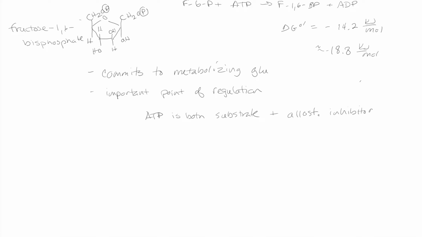In the presence of high ATP concentrations, phosphofructokinase behaves cooperatively. Plots of enzyme activity versus fructose 6-phosphate are sigmoidal, and the Michaelis-Menten constant Km for fructose 6-phosphate is increased. So when ATP levels are sufficiently high in the cytosol, glycolysis effectively turns off.